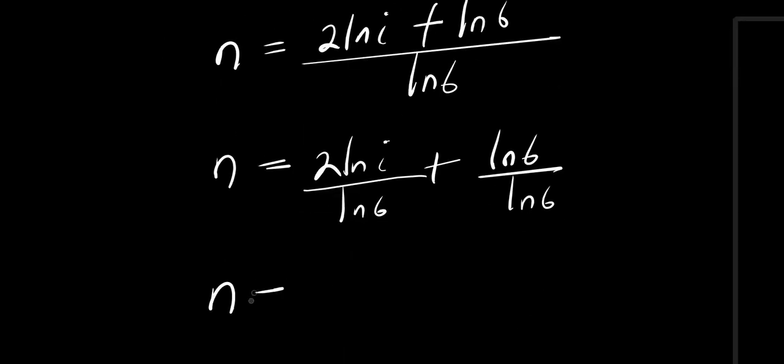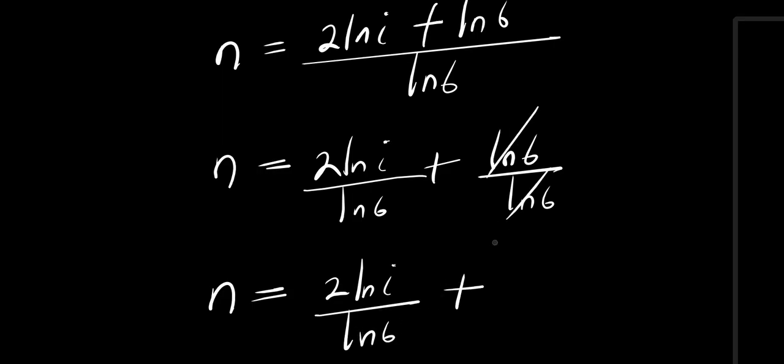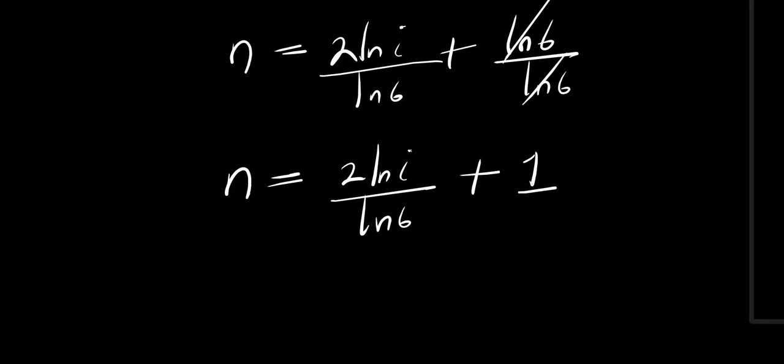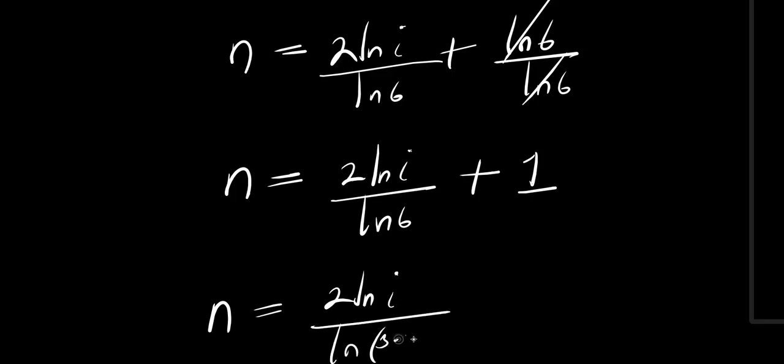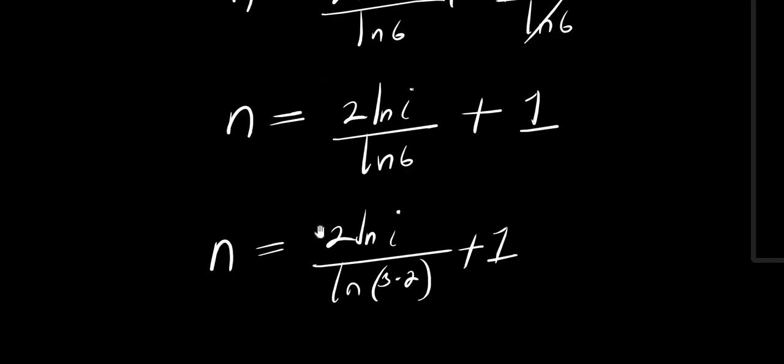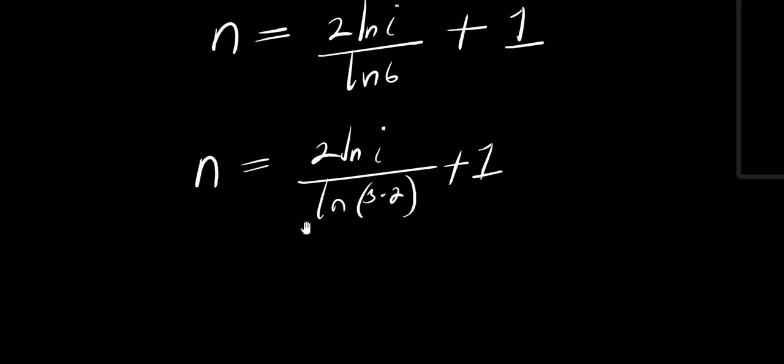So this divides this, I have 1. And remember, natural log 6 is natural log 3 times 2, plus 1. And natural log a times b is natural log a plus natural log b.